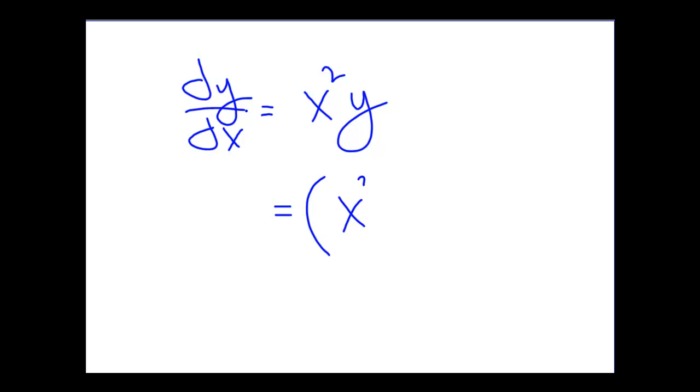What about the expression dy dx is equal to x squared y? Is this a separable differential equation? Can we write this as some function of x and some function of y? Certainly, we can think about the x dependence and the y dependence separately.